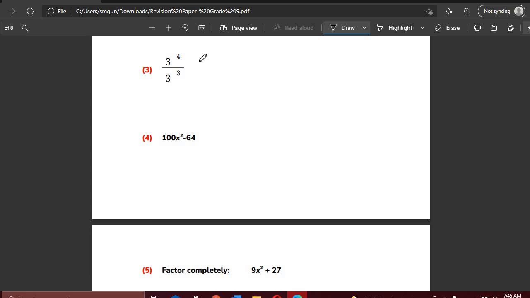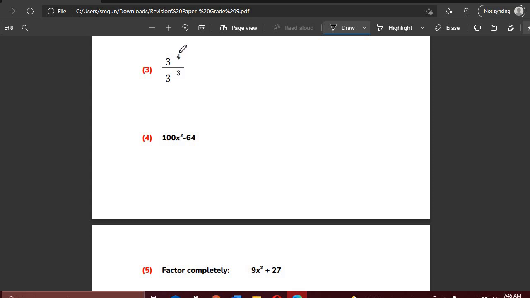Yes, the 7 laws that we discussed. Now, the operation that we're doing is division. And if we're going to use the law of indices for division, we have to ensure that the base is the same. Okay, so let's check the base. The base is the same for both of them. The base would be 3.